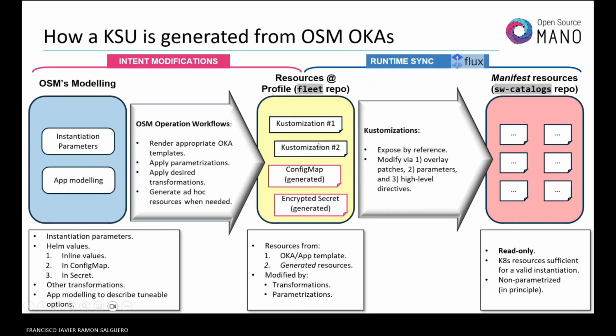Those adapt the customizations from the templates part, and also there are some additional manifests that I can generate from scratch, like secrets or config maps that may need to be encrypted, etc. So OSM will do it for you. And these customizations will be in charge, as I said, of referencing that other part of the blueprint, the read-only part, by parameterization or whatever, but that part remains at the software catalogs.